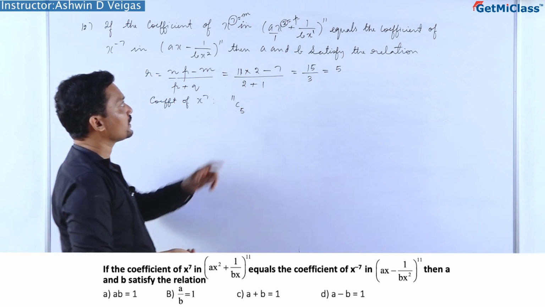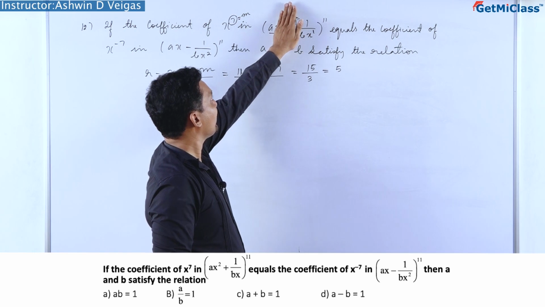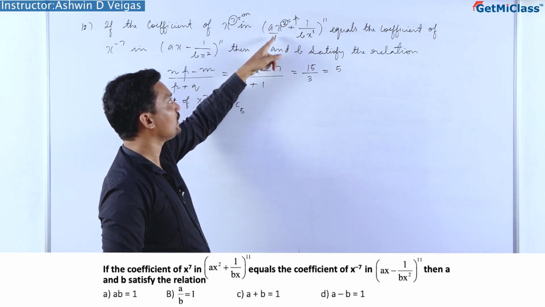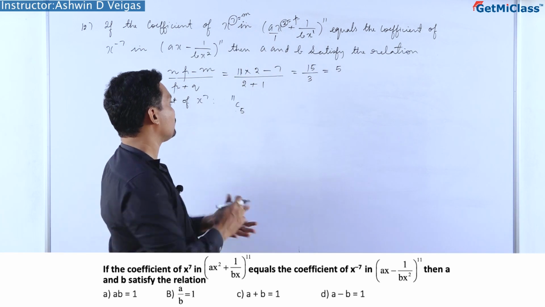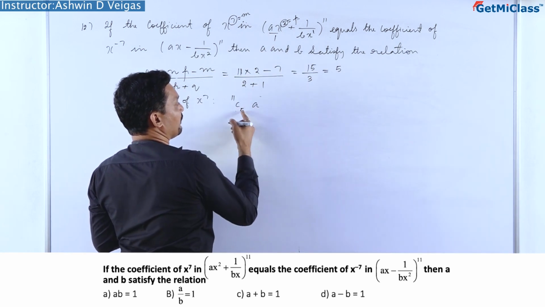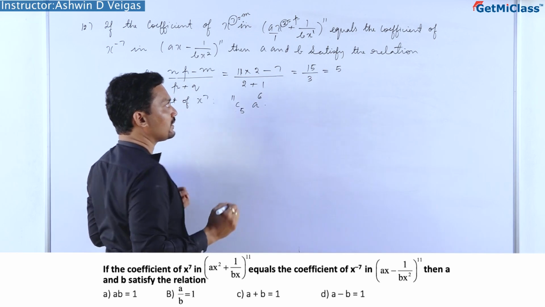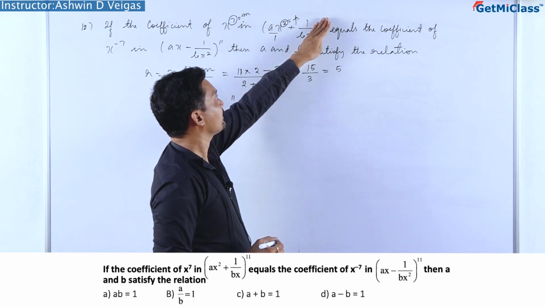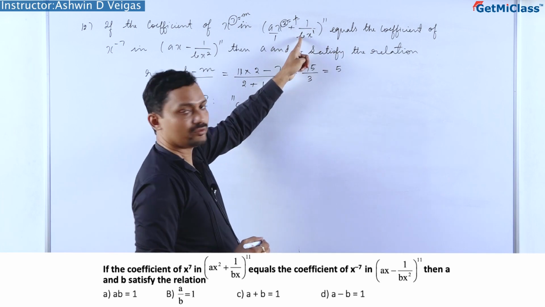Next, in the first term other than x, whatever is there you have to write. So the x^2 coefficient you have to write here. So it is A, and the power will be the difference, 11 minus 5, that is 6, into, similarly go to the second term, except x, whatever is there you have to write.